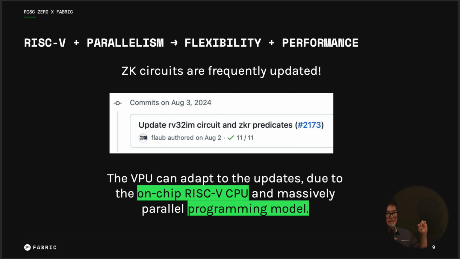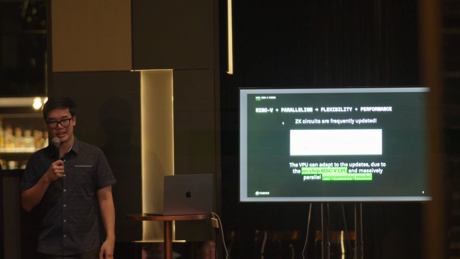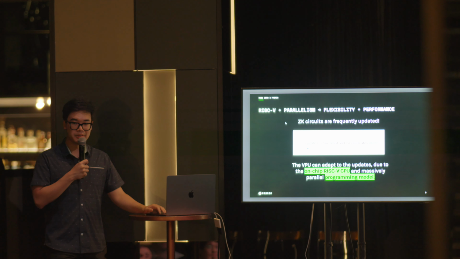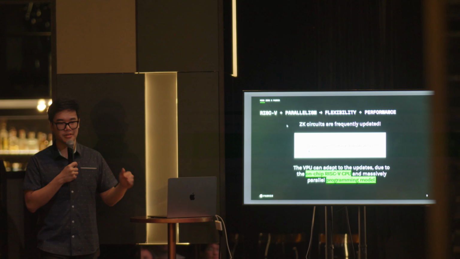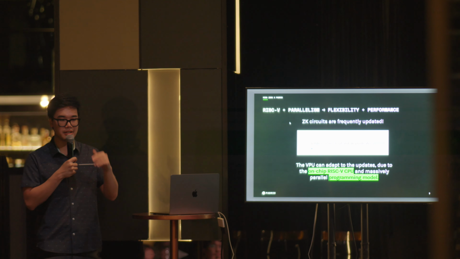And so whether it's something happening in the tiles or something happening in the CPU, we can instantly adapt to those changes. An ASIC would just become a paperweight. Like if you have a Bitcoin miner and Bitcoin switched from SHA-256 to Keccak, the Bitcoin miner wouldn't do anything anymore. The awesome thing about the VPU is it's programmable. It can adapt to these changes, not just in the circuit, but even in the proof system.